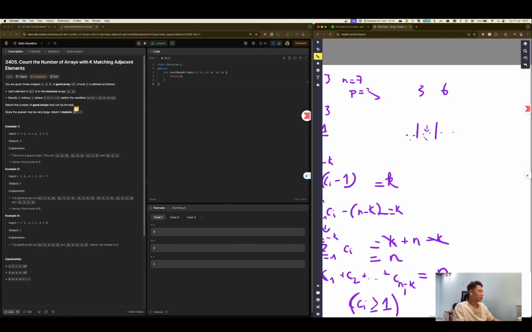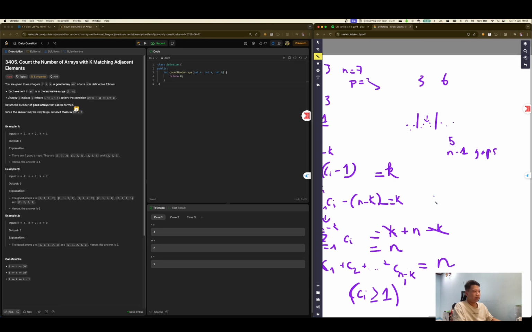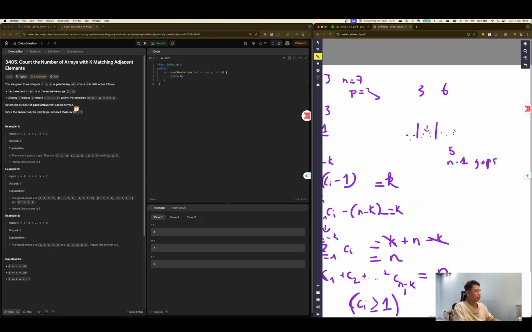So we got 1 2 3 4 5 gaps, in total n minus 1 gaps. We need to choose two vertical lines in order to divide it into three subarrays. That means, for example, if we need to divide into p children, we need to use p minus 1 lines.